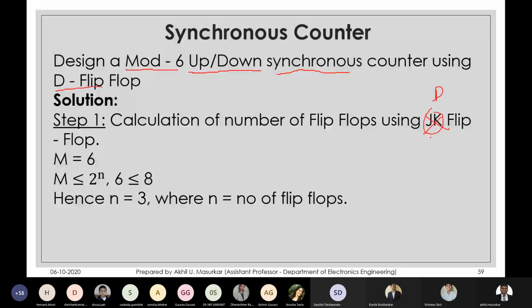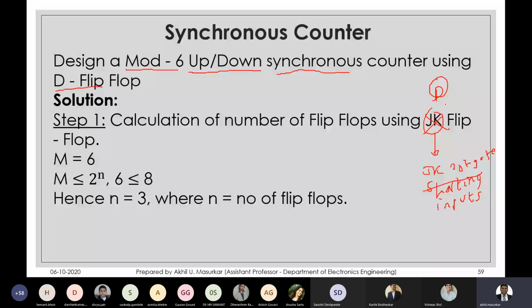This JK can be made by putting a NOT gate, but anyway we are directly using a D flip-flop. Step number 1 is absolutely the same. Step number 2 will also be absolutely the same.